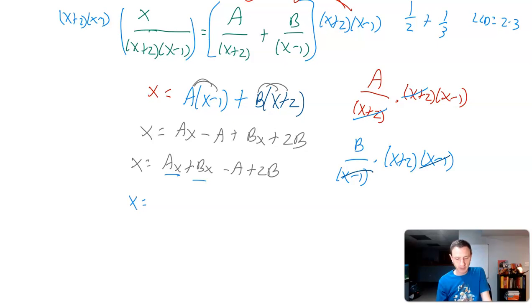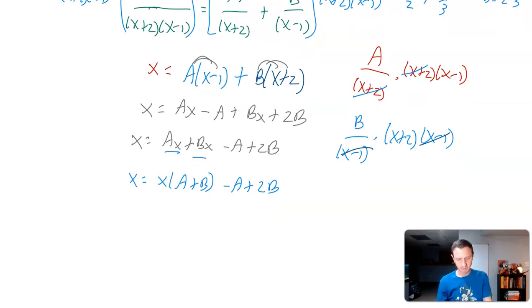So I have x equals x times (A plus B). And then for that one, we don't necessarily have to. You could, but I think we'll be okay here. Now I have this term of x times (A plus B), and then I have this term of x over here, and then I have just these.